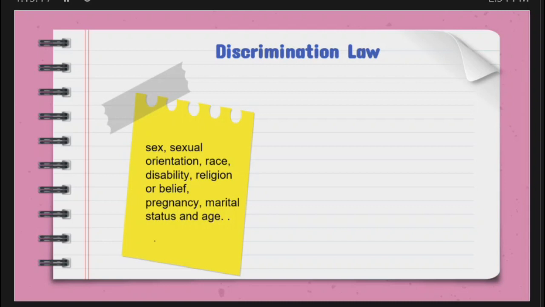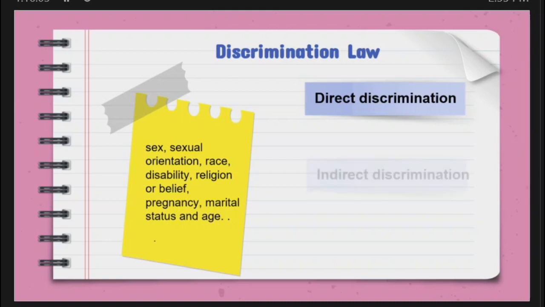There are four headings under which an employer's action can be challenged in court. Number one, direct discrimination. An example is failing to promote a woman because she is a woman.